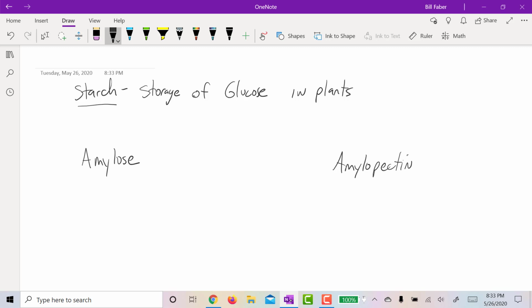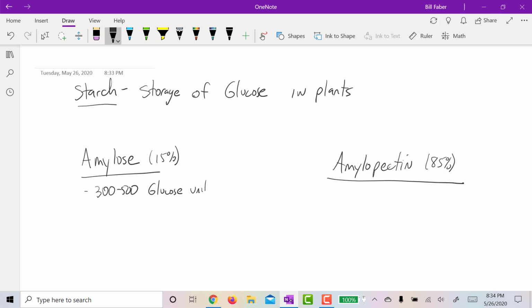Now, amylose, you don't have to know, but about 15% of all starch is amylose, and about 85% is amylopectin. Amylose has roughly 300 to 500 glucose units.